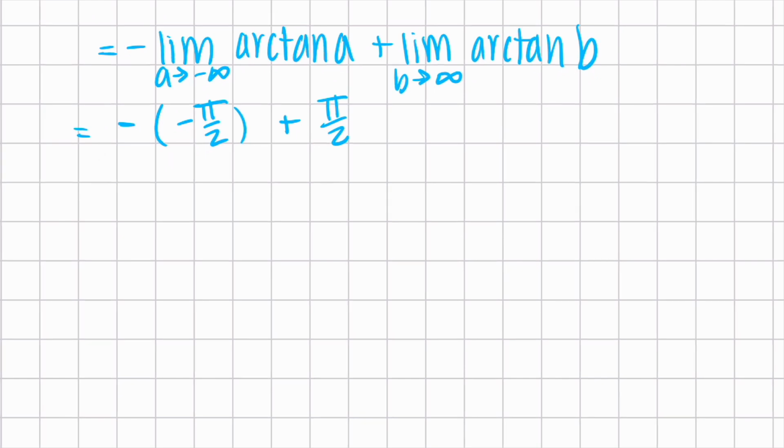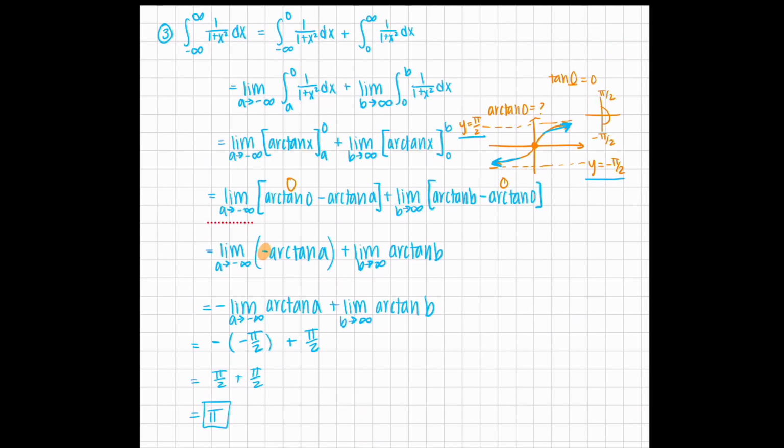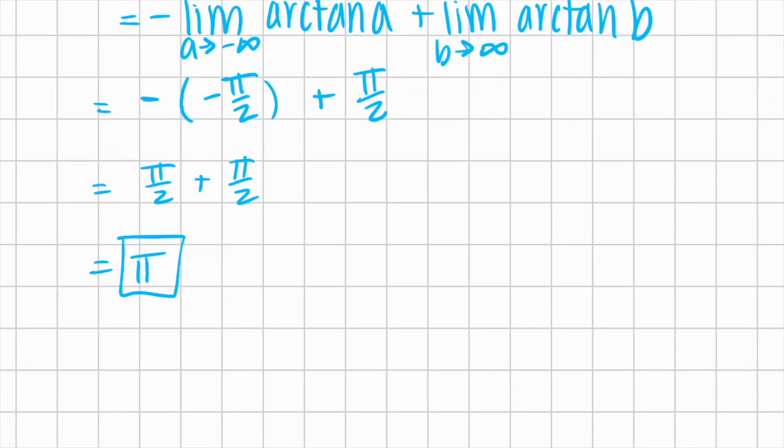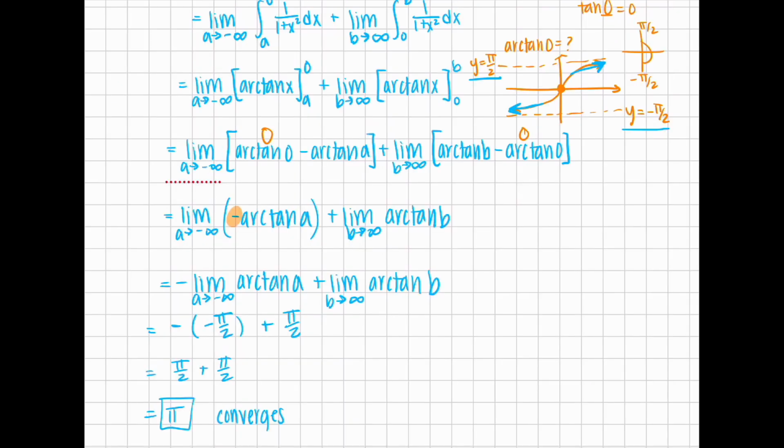Simplify this, my negatives become positive pi over 2 plus pi over 2, which is pi. So my answer for this integral is pi. Because we get pi as our answer, we're going to say the integral converges. Those are a few examples of improper integrals with infinite limits of integration.